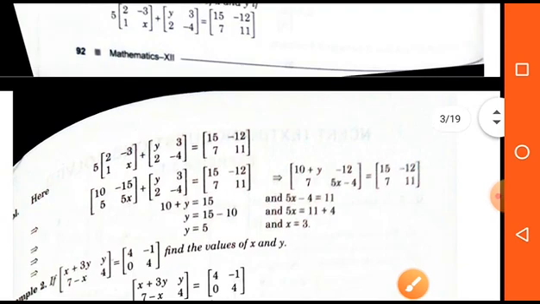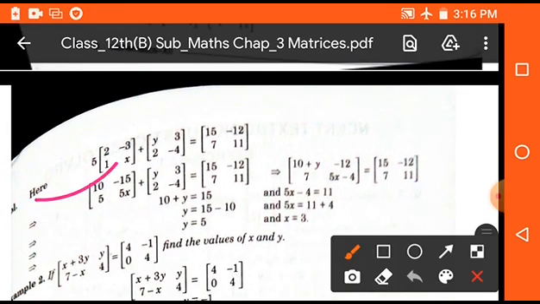That means we can write here, on adding we get [10 5; -15 5x+y 3 2 -4] is equal to [7 15; -12 7 11]. So on adding we get 10 plus y, minus 12, 7, 5x minus 4 equal to 15, minus 12, 7, 11.